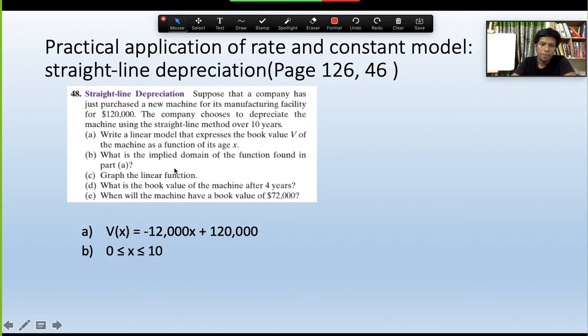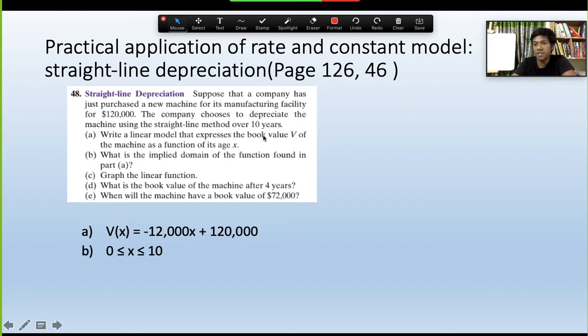Okay. What is the implied domain of the function found in part A? What is the domain here? So domain is basically the input. How much input is possible? What is the valid input? What is the possible input for this math? So you see, their target is to use it for 10 years.